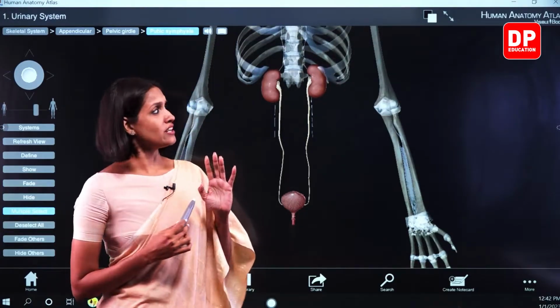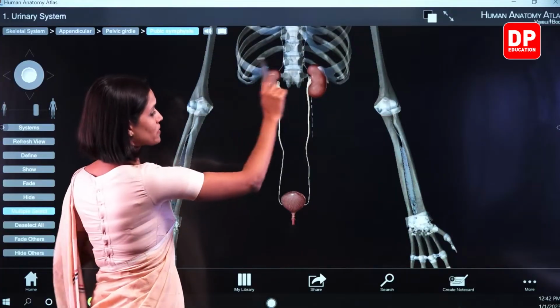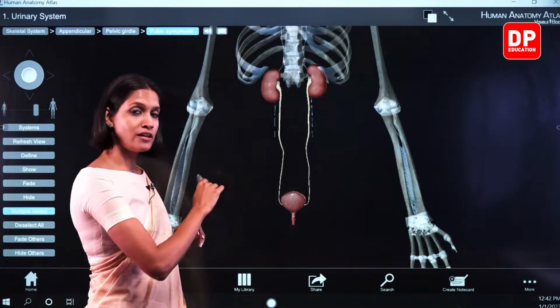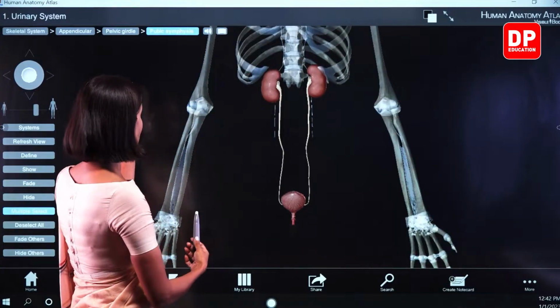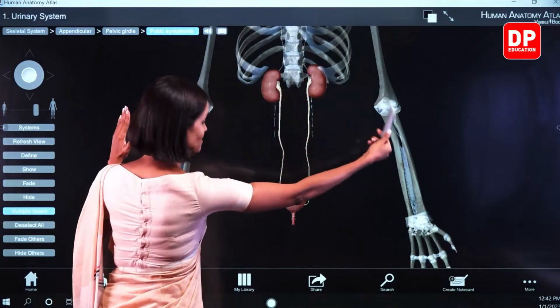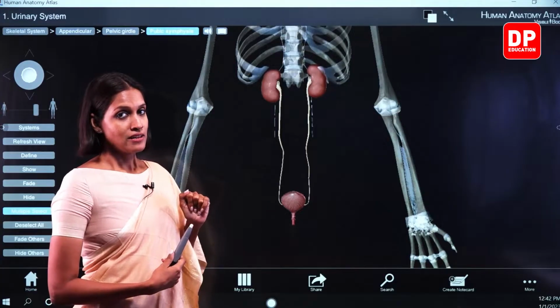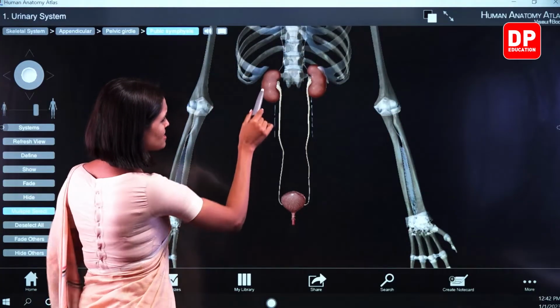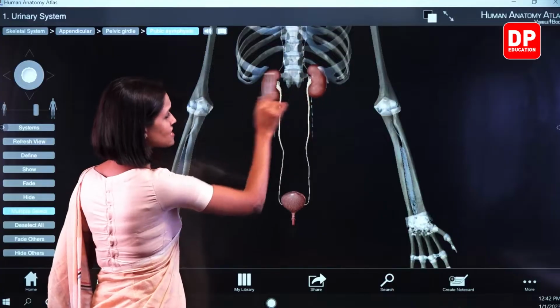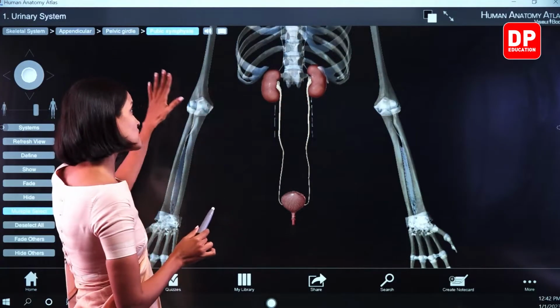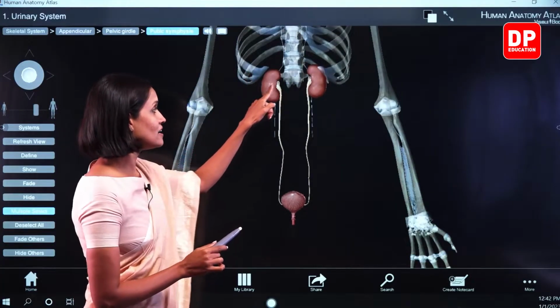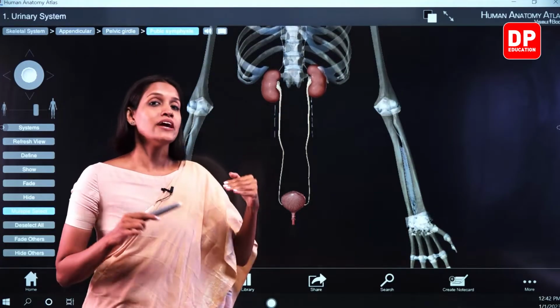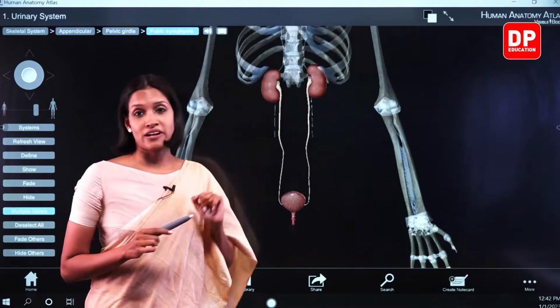If I consider this is my board, when you face towards the board, this is the left side and this is the right side. But why did I mention this is the right kidney and this is the left kidney? That is because this is a very important factor, children.